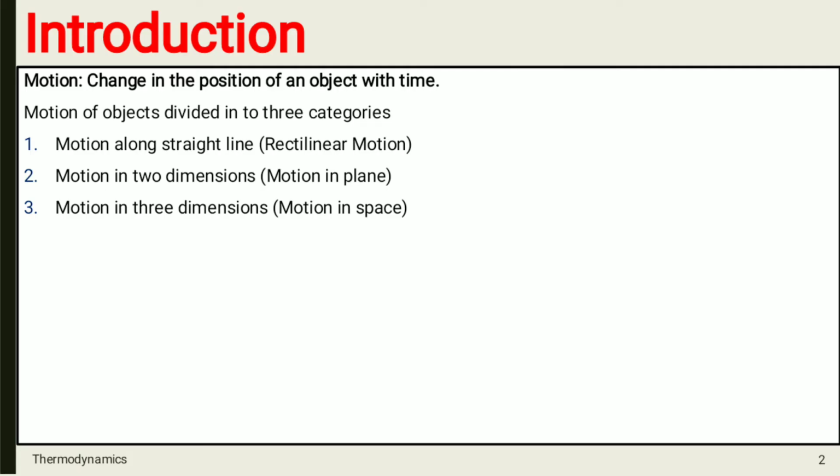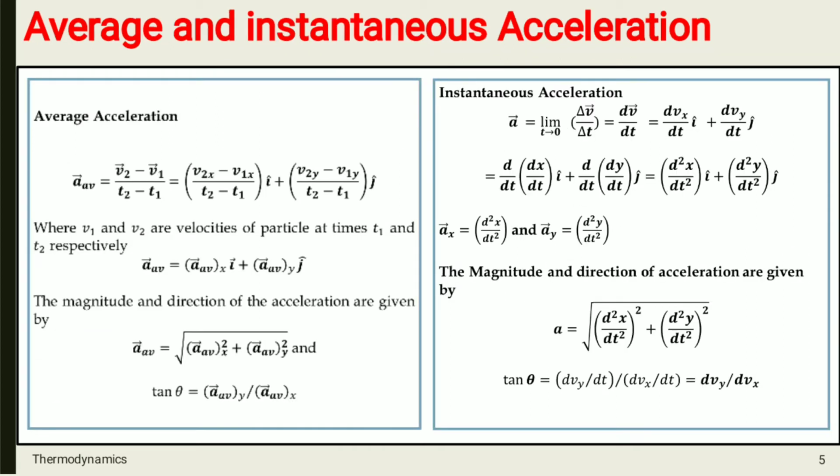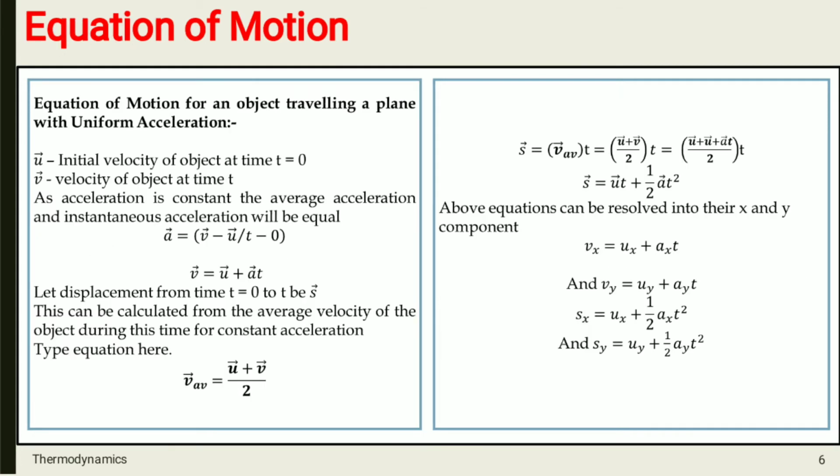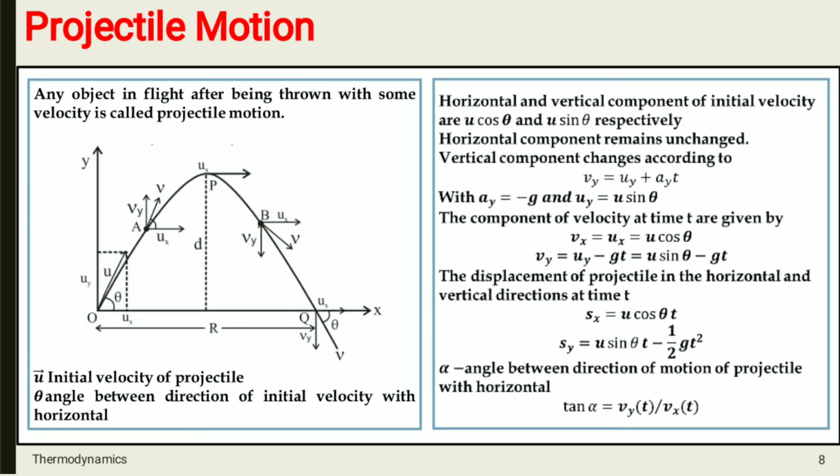In the last lecture you have studied what is average and instantaneous acceleration, then the equation of motion for an object traveling in a plane with uniform acceleration, then what is meant by relative velocity and how you calculate it, then projectile motion.